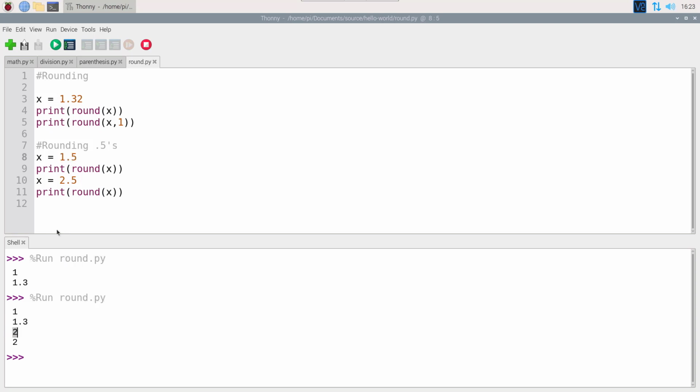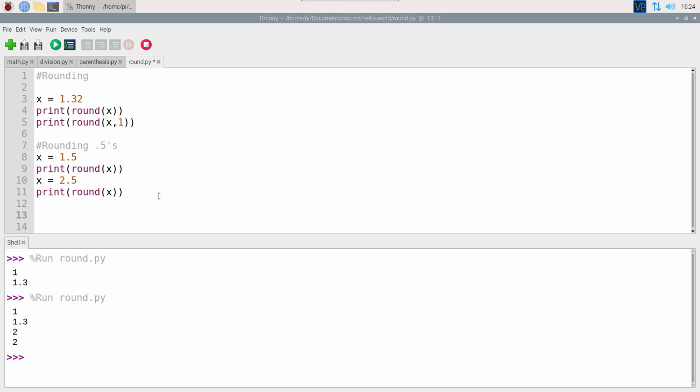It rounded up to 2, and then right here it rounded down to 2, even though they both end on 5. Like I said, I'm not going to get into the details of that, but just understand that's one of the idiosyncrasies of using the Python round function when you're ending in 5. However, otherwise it's going to behave as expected.